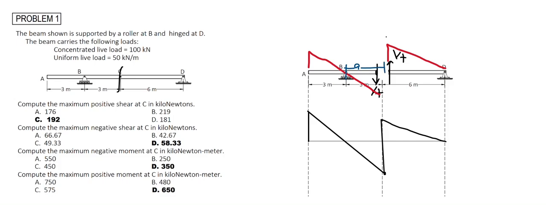This is A, and the remaining length between the support on the right side towards the point where we cut the beam, this is B. So this value of negative shear is A over A plus B, and for the positive shear, this is B over A plus B.